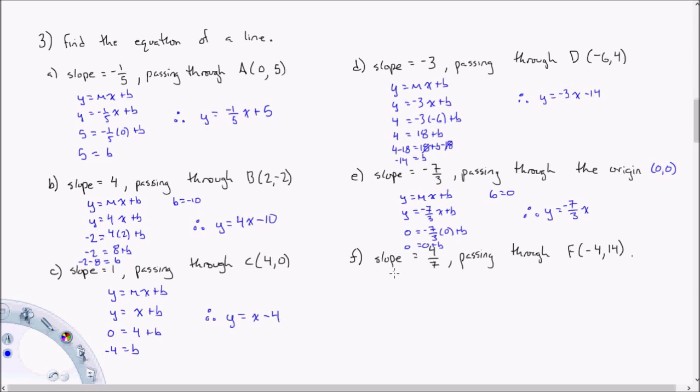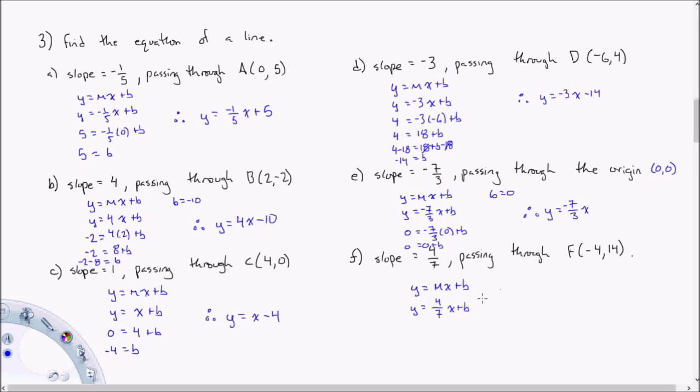And finally, we have f, where the slope is 4 over 7, and it passes through point f, which is negative 4, 14. So we have y equals mx plus b. We can sub in the slope value, we know, 4 over 7.